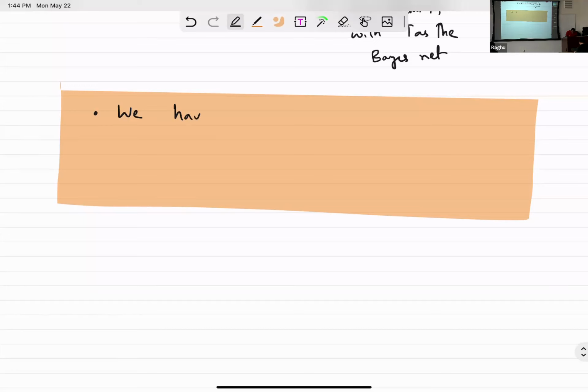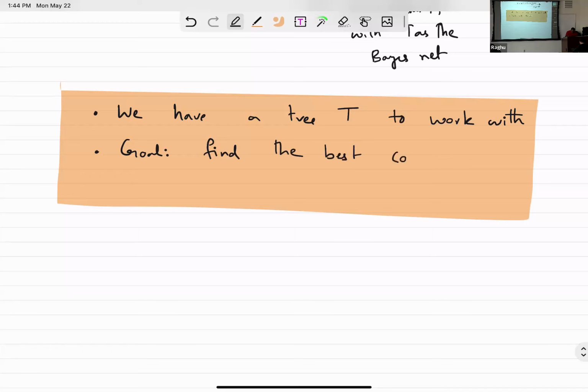We have a given tree to work with. Find the best conditional distributions to form.